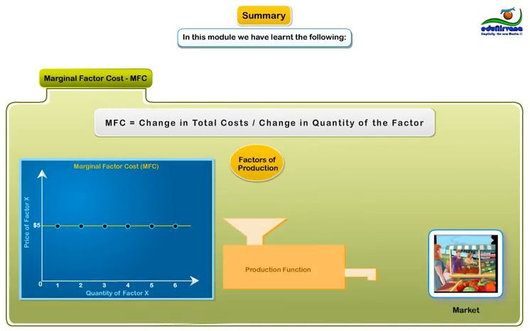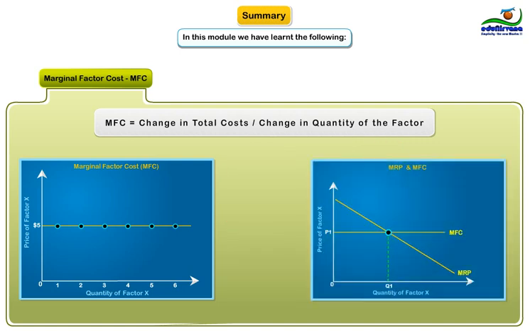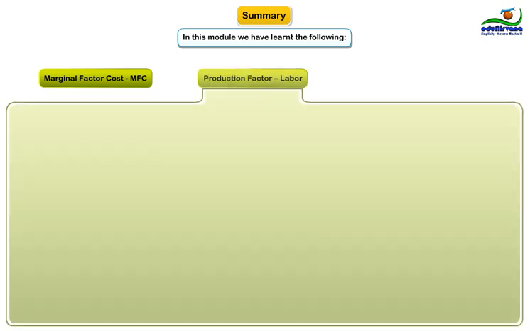In general, a firm would continue buying additional units of the factor until the additional revenue generated by employing an additional factor unit is equal to the additional cost incurred by employing an additional factor unit. So, the firm will produce output until the marginal revenue product of the factor is equal to the marginal factor cost.